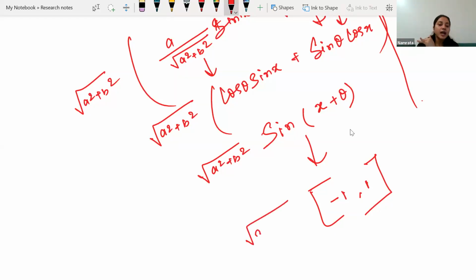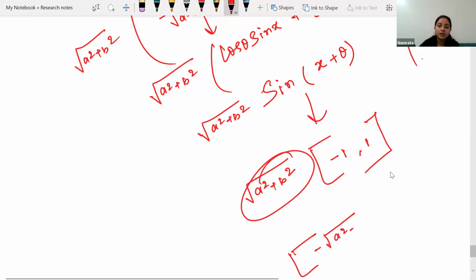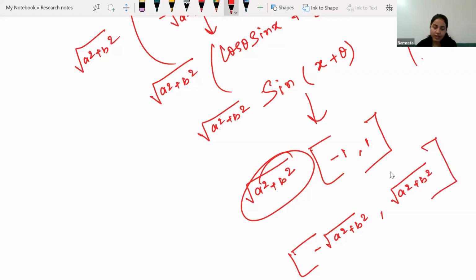Here we have a square plus b square, which we took ourselves for the arrangement. Now we can say the maximum value over here. We need to multiply this in the bracket. So we will have minus under root a square plus b square to plus under root a square plus b square. Let me summarize everything we have done.